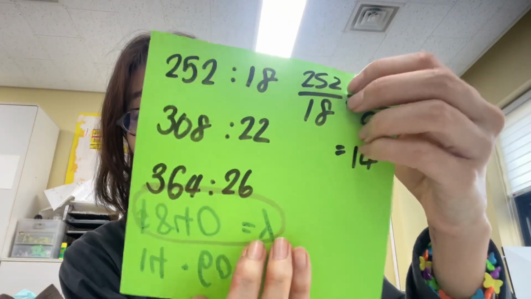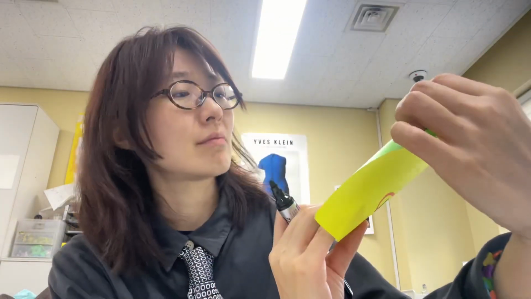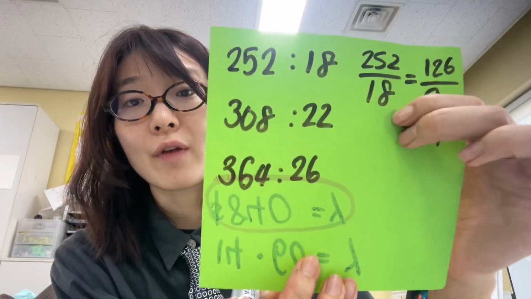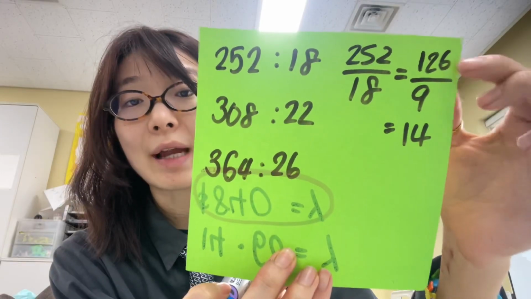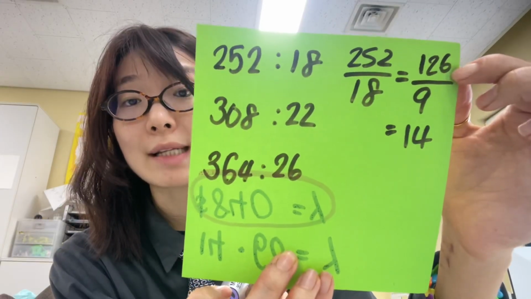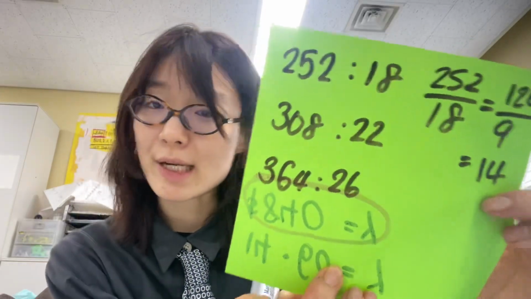Let's see. So when I do 252 over 18, I can simplify that to 126 over 9, which is 14. Now let's double check with another number.